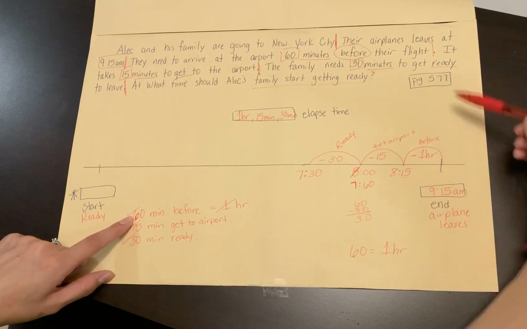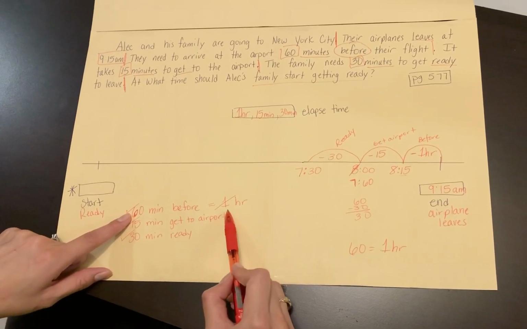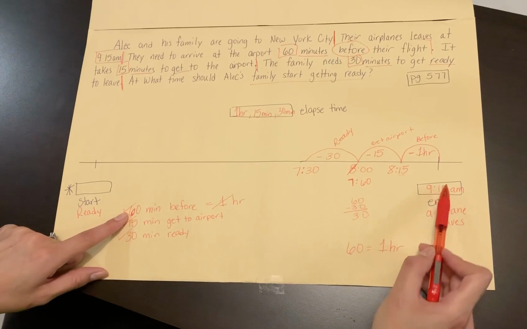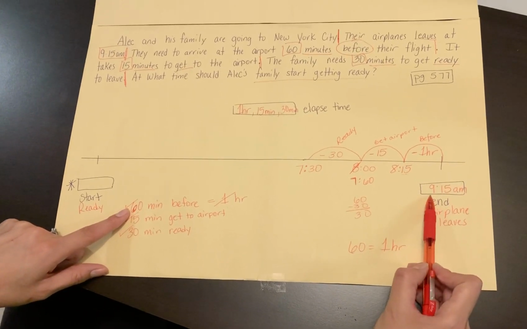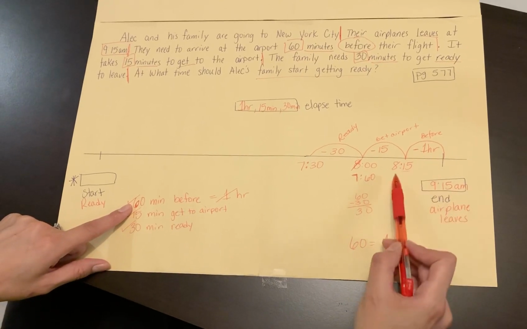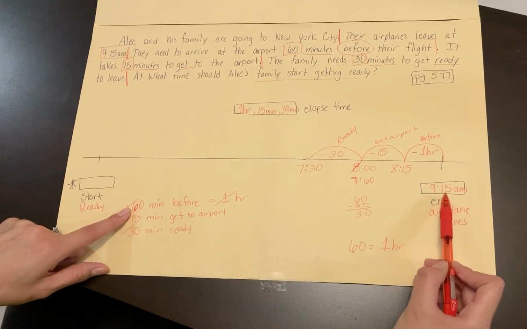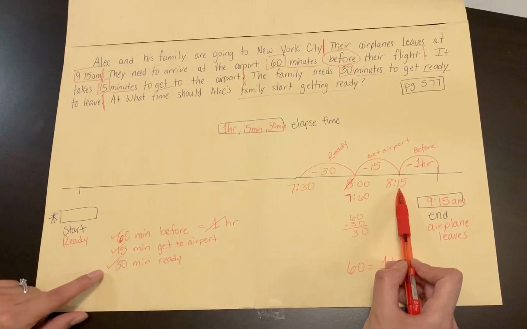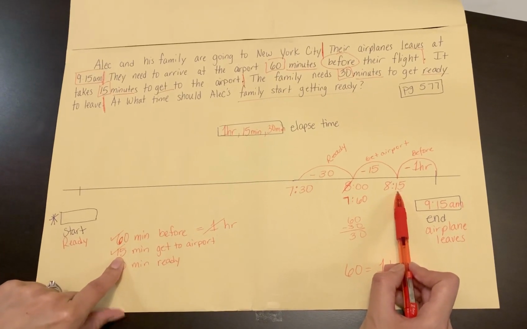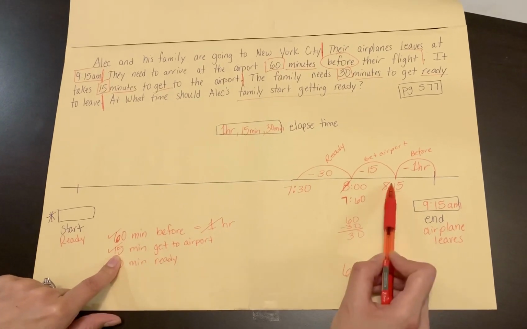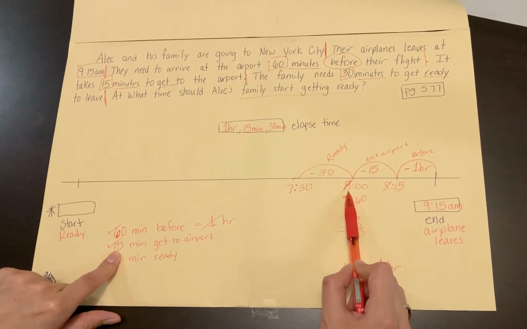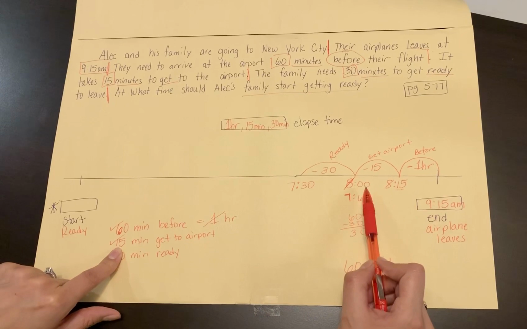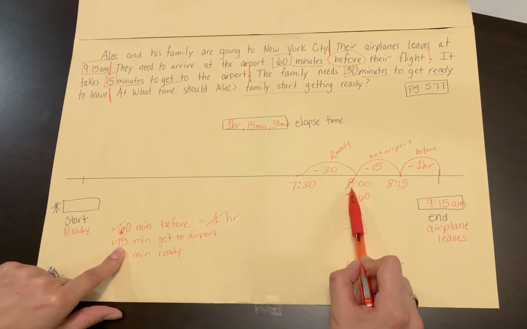So I took 60, and instead of 60, I converted into 1 hour. So I subtracted the first part, minus 1 hour, from the hours. So that's 9 minus 1 hour becomes 8:15. Nothing happens to the minutes here. Then I noticed that 15 minutes was part of one of the activities. So I subtracted the whole 15 minutes, and it became 8 o'clock because 15 minus 15 is 0, and the 8 doesn't change.